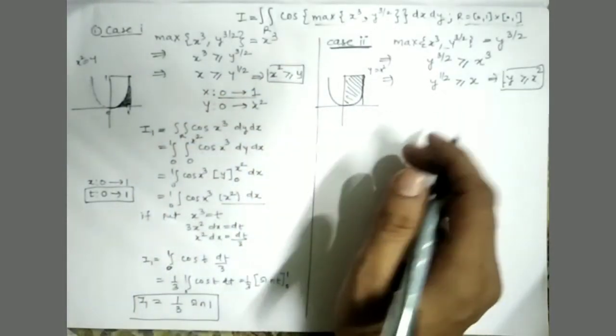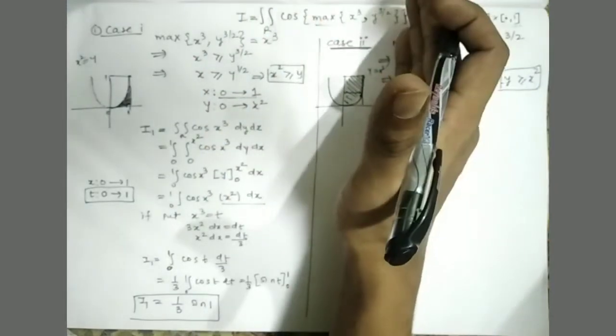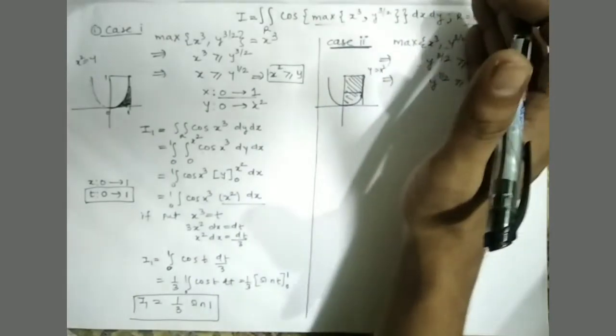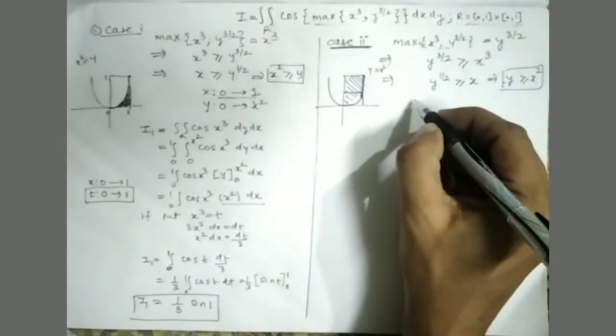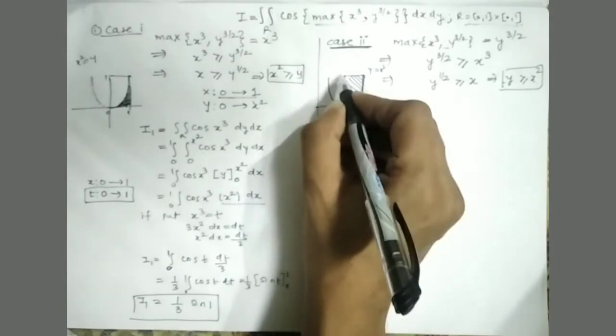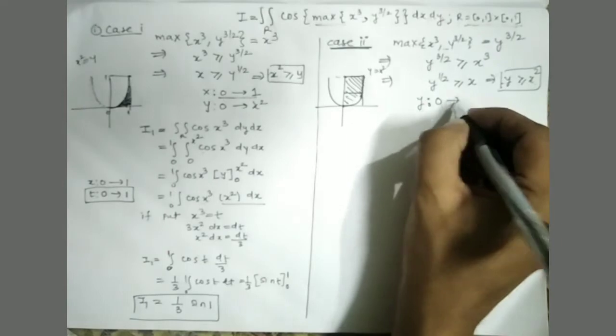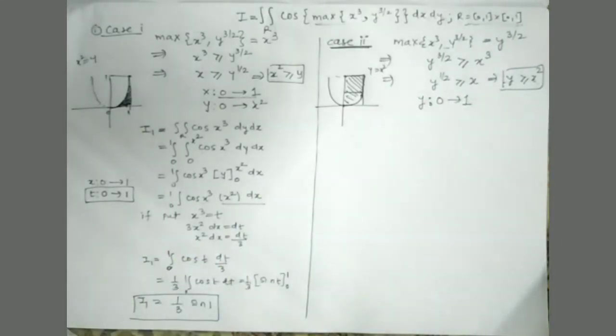Now if I project this whole shaded region on the y axis, I get lower limit 0 and upper limit 1. So my y starts from 0 and ends at 1.